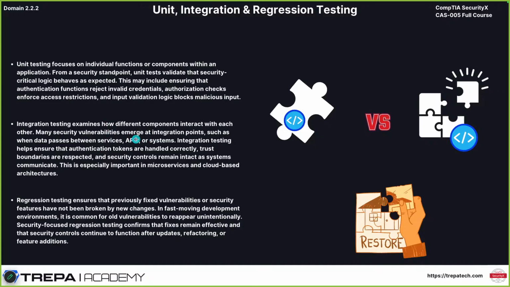Many security vulnerabilities emerge at integration points, such as when data passes between services, APIs, or systems. So here's our unit testing; now we're putting that piece of the puzzle into the bigger puzzle and seeing how it fits. And then regression testing: when we take that puzzle piece away, did we break something? Or did that old vulnerability come back up?